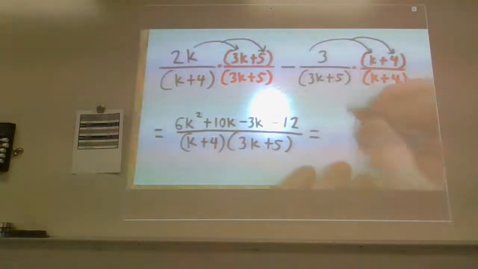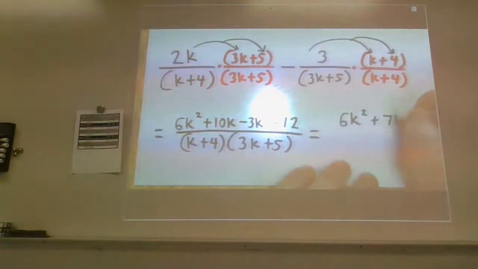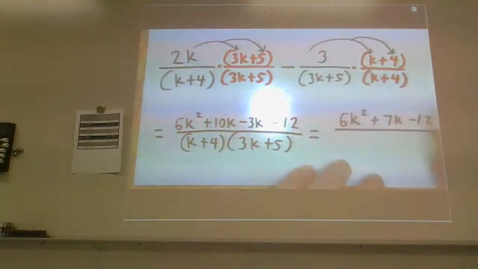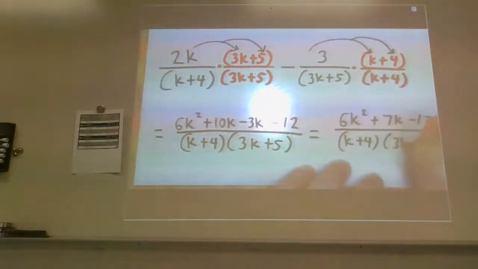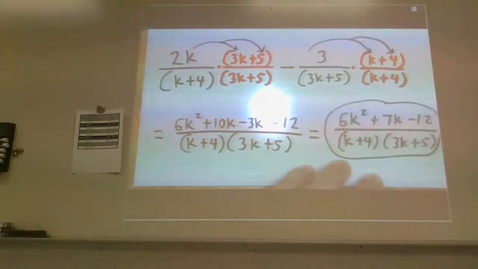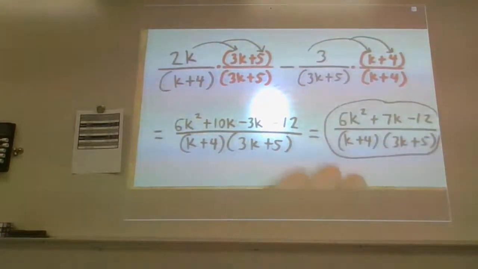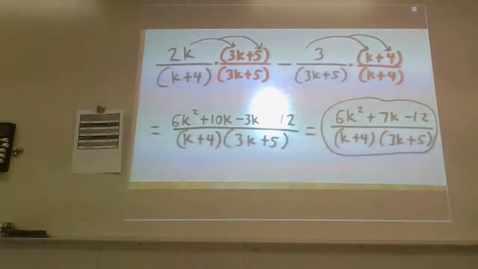Again, I still just have to clean up the numerator. And this is what I get. There are technically extra steps that could be taken on other problems, but this is sufficient for this problem.